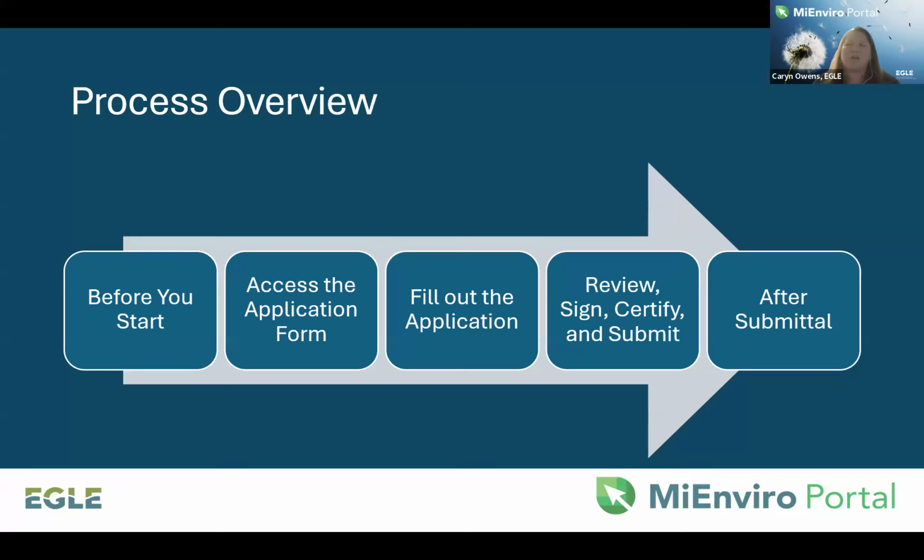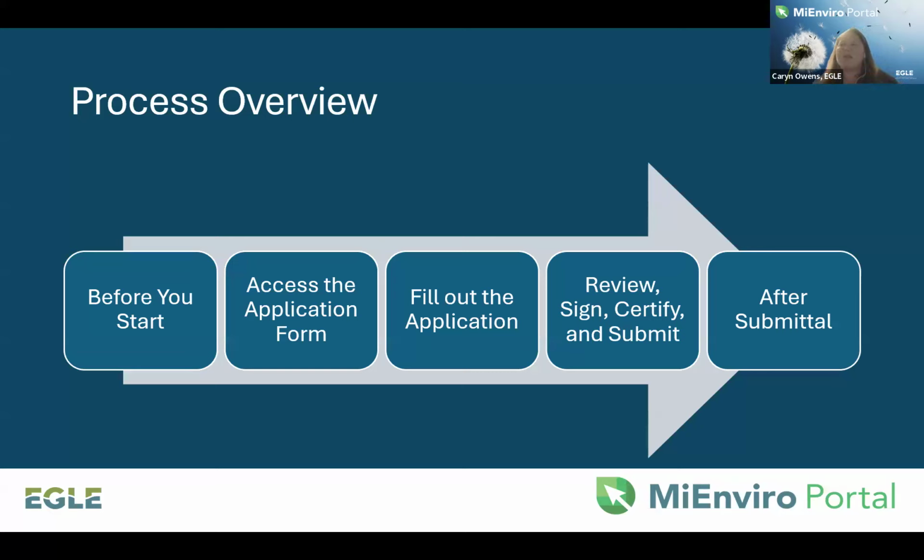You'll want to make sure that your equipment inventory on your master facility inventory has been updated to have that permanently shut down. We do have instructions on this, and I will show you where those are located once we get into the system.